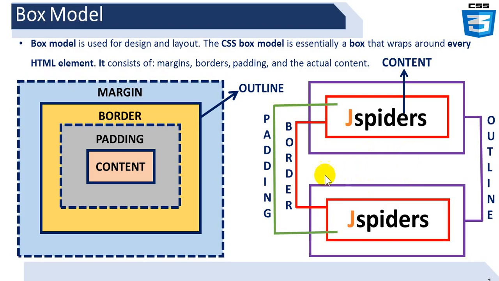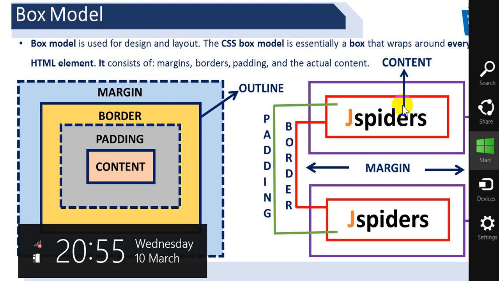We call the space between the two outlines the margin. So this is the box model, guys. Very important. We should remember how to use it. Clear? Now let me go to the execution part.